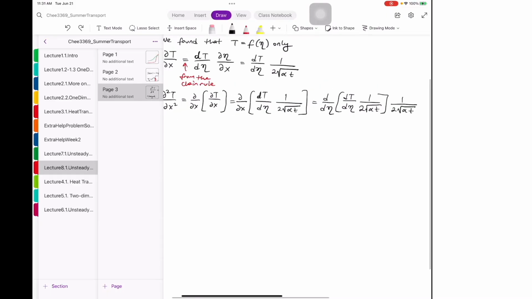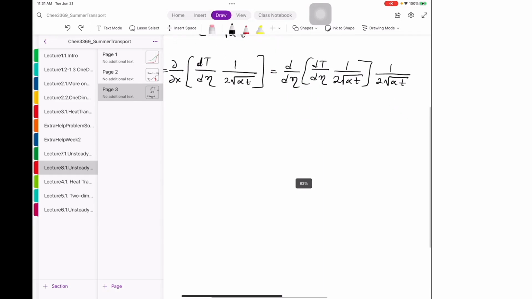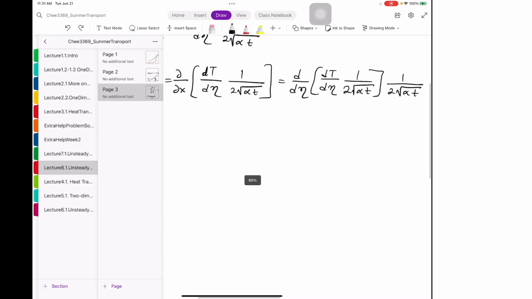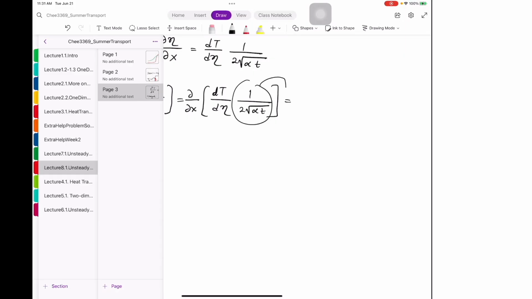Okay, let's see. Oh, okay. So here's what we do. Basically, instead of doing this first, we're going to use a trick here. Let's take this out of the parentheses first before we do anything else, because we know that the time is not a function of position.